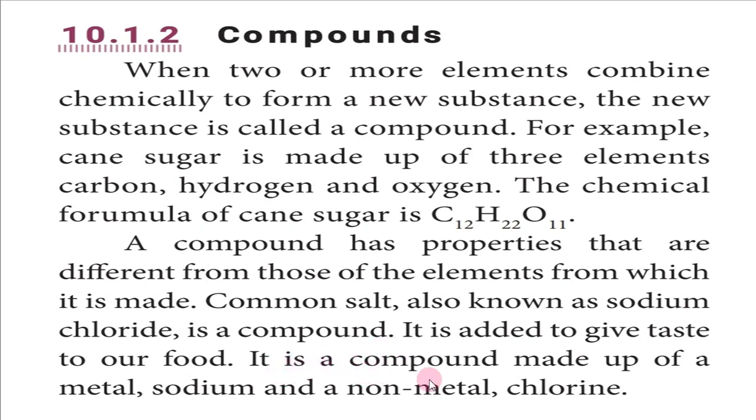So see, these compounds are made up of a metal and non-metal. Mostly compounds are made with metal and non-metal. See this sodium chloride, it is a compound made up of metal sodium, whose symbol is Na, and non-metal chlorine, whose symbol is Cl.